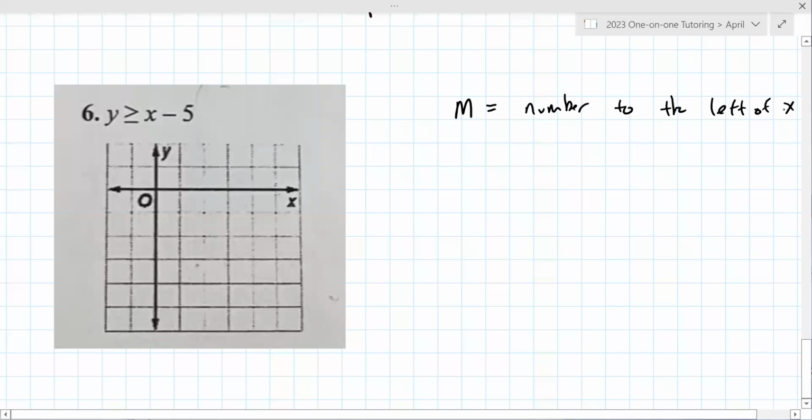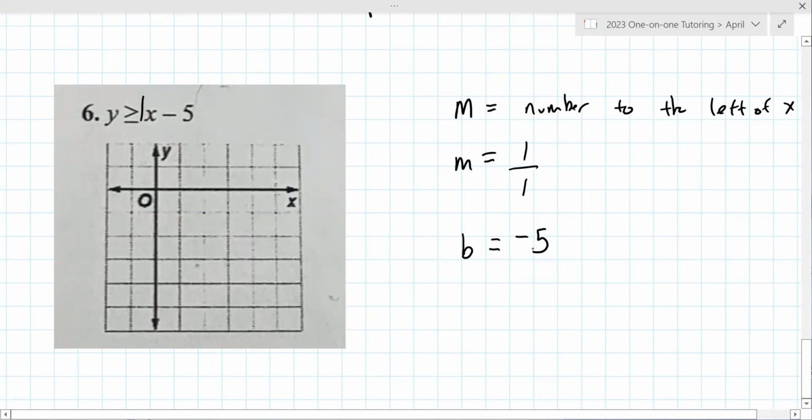What is the slope in this problem? The slope would be 1, there's a 1 there. If it were 0, 0 times x would be 0. So that's 1/1. What is the b value? The b value would be -5. Good.